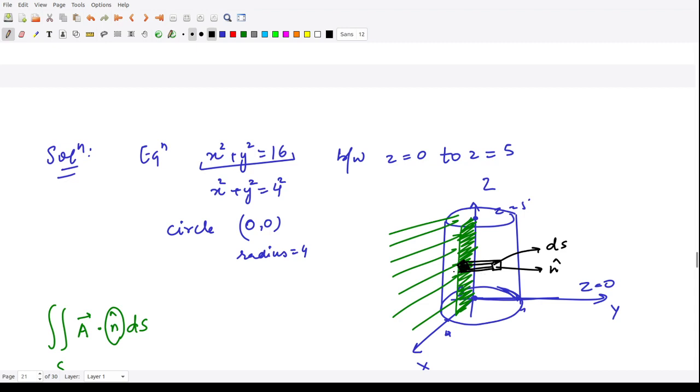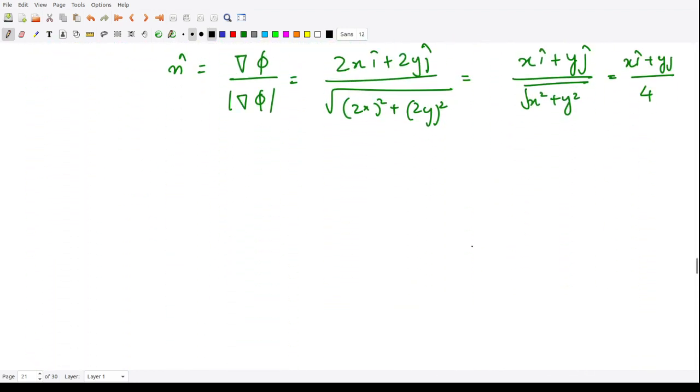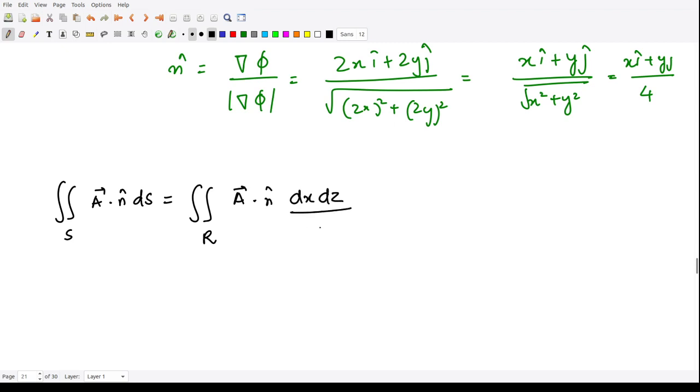Now in order to take the projection here, our integral over s of vector a dot n ds becomes equal to the integration over r of vector a dot n dx dz divided by vector n dot vector j, because we are now taking its projection onto the xz plane. Now we have all the values, so we can substitute it here.